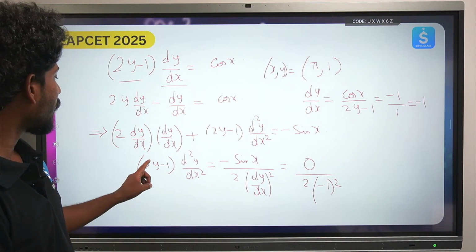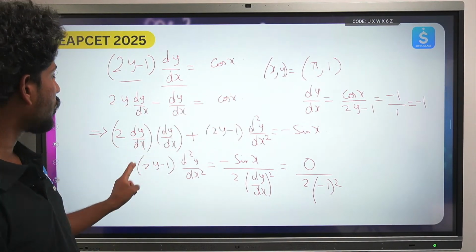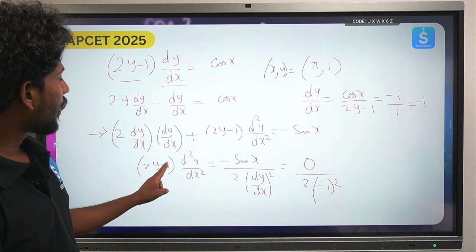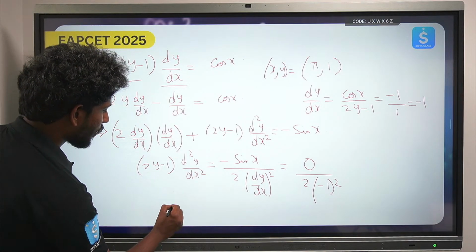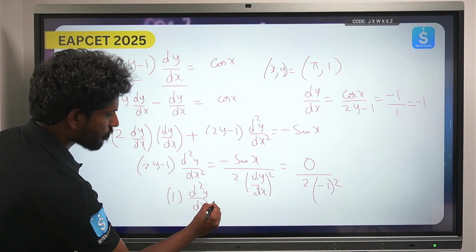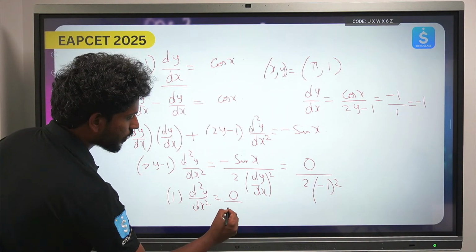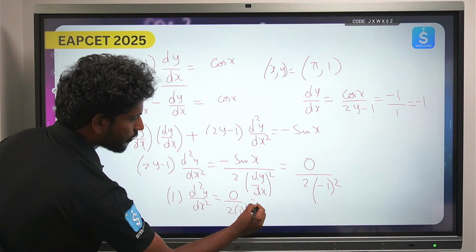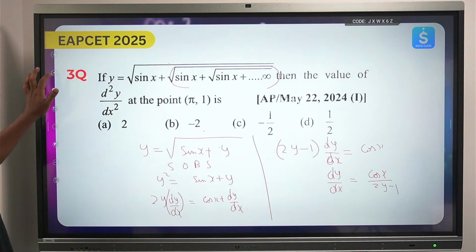Similarly here, 2y minus 1, 2 into 1 minus 1 is 1, 1 into d square y by dx square. Okay, so once again we'll see the calculation.